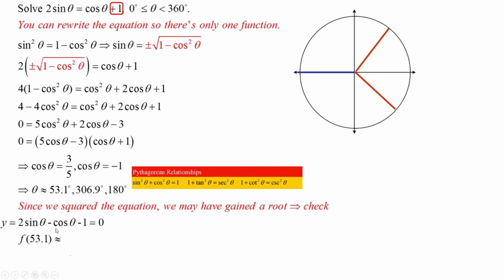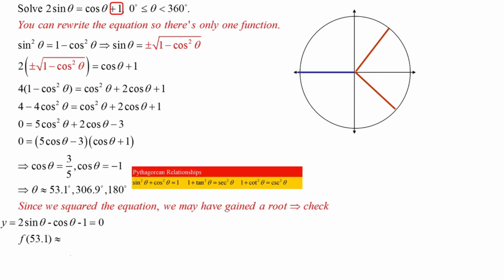So on my calculator, I'm going to replace those thetas with the 53.1. So I'm going to go 2 sine of 53.1 minus cosine of 53.1 minus 1, and I should get approximately 0.